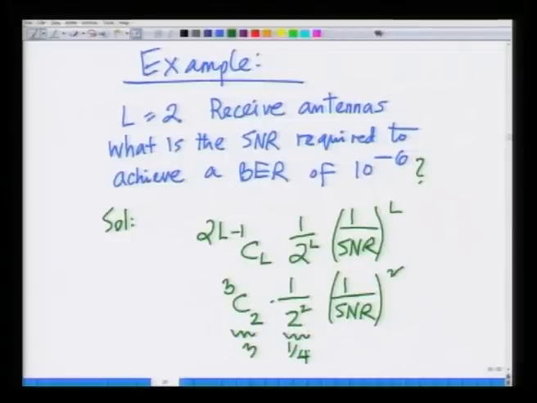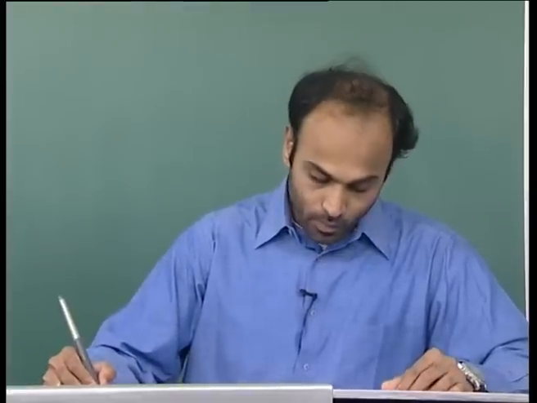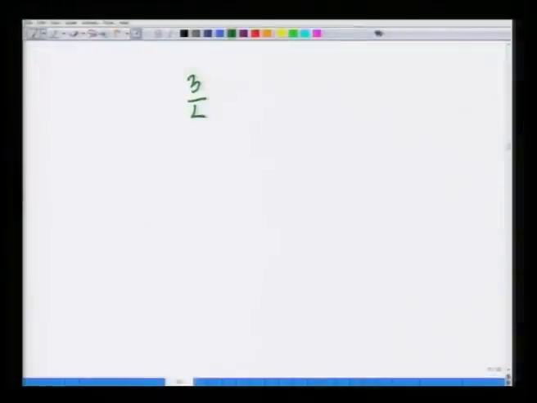Hence, this expression for bit error rate becomes 3 over 4, 1 over SNR square, and I want this equal to 10 power minus 6. So, I am saying the bit error rate as a function of SNR is 3 over 4, 1 over SNR square with L equals 2 receive antennas.